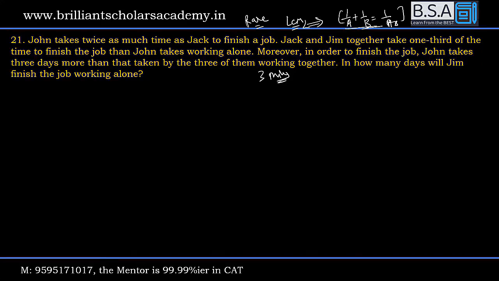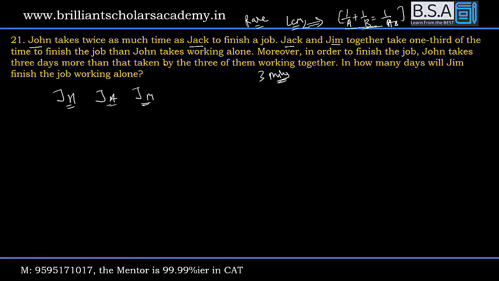Observe. Here, the names are also very confusing. There's a John, there's a Jack, there's a Jim, and then they work together. So I'm using John as JH, Jack as JA, and Jim as JM.